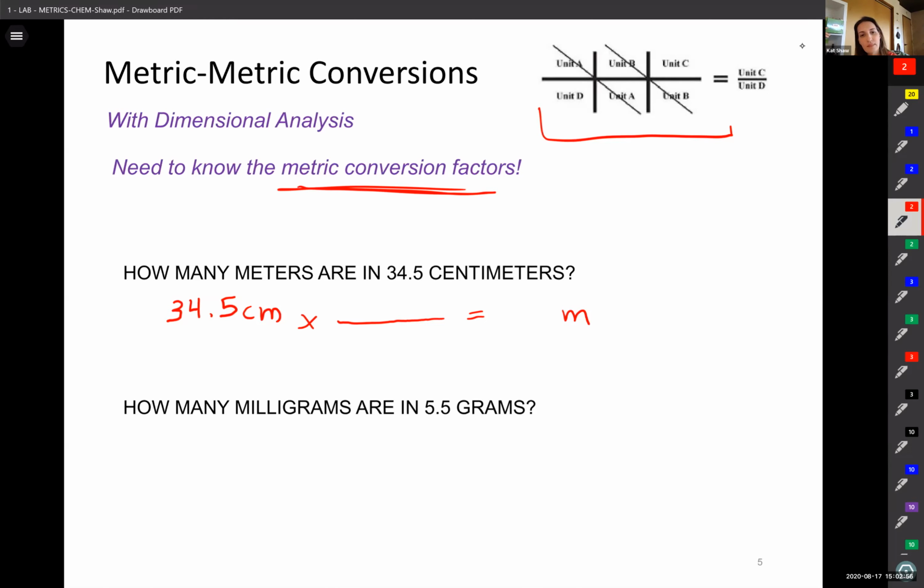So I have 100 centimeters in 1 meter. Now my centimeters cancel out. Okay. And I can use my calculator, and I would get 0.345.